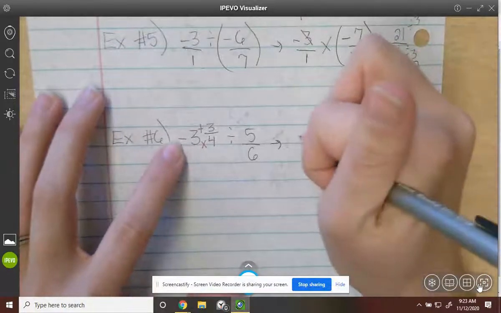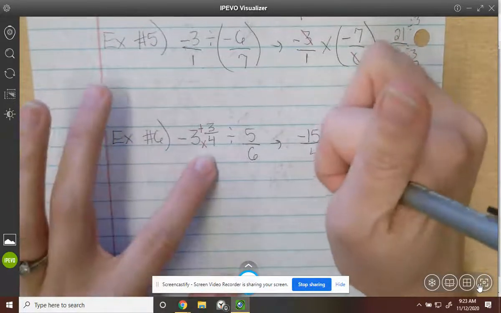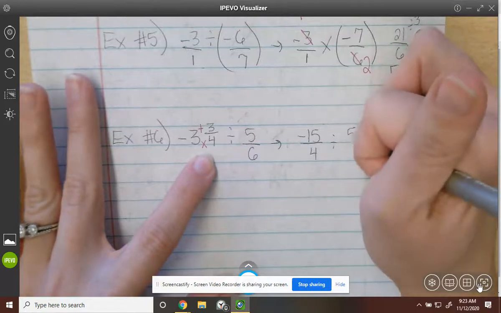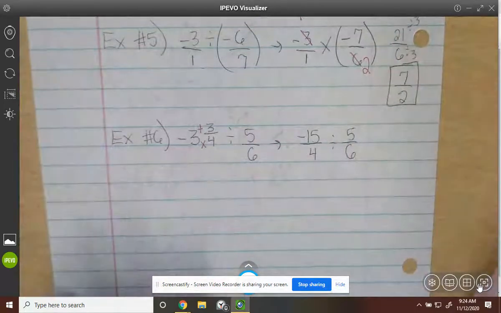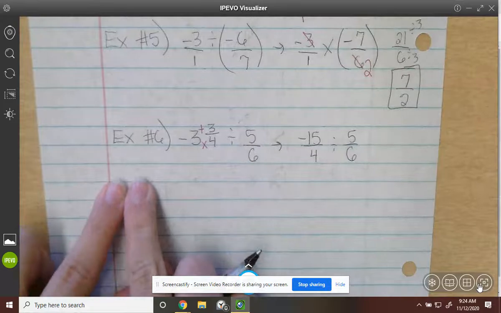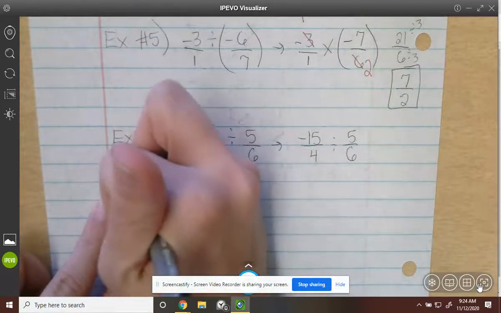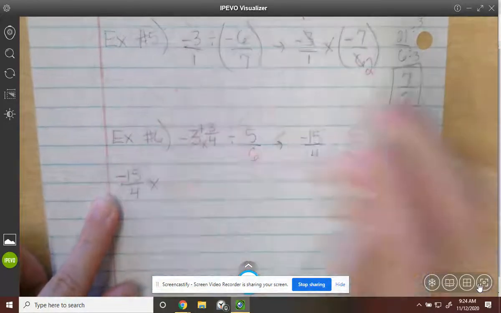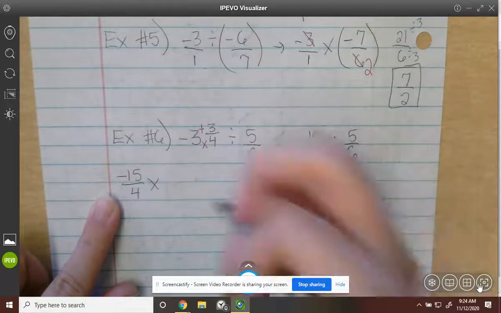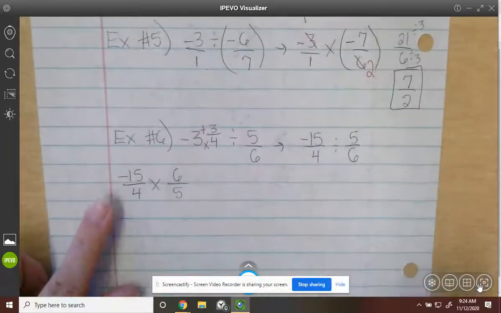It's negative, so -15/4 divided by 5/6. Okay, I'm going to rewrite it over here. So I keep my first one the same, and I'm multiplying by the reciprocal. So I'm going to make 6 on top, 5 on bottom.